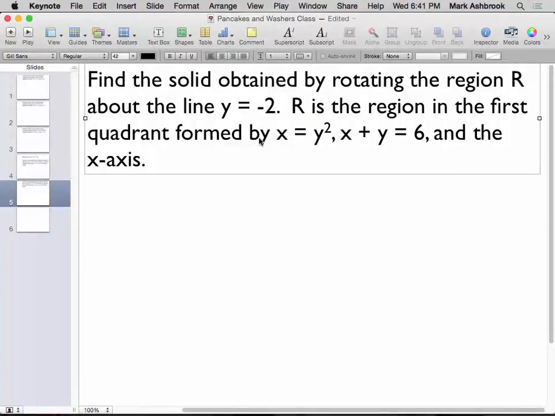Okay, so now this one, if you remember, we had x equals y squared, x plus y equals 6, on the x-axis, and about y equals negative 2.